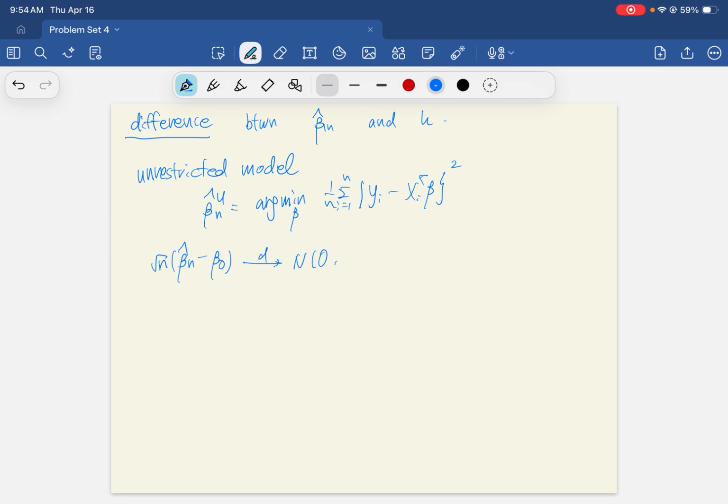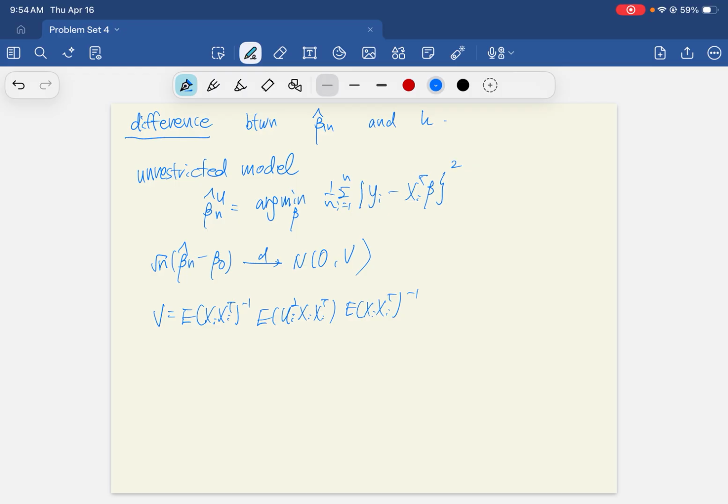We know it converges to a normal distribution with variance V, where V takes the form of this.